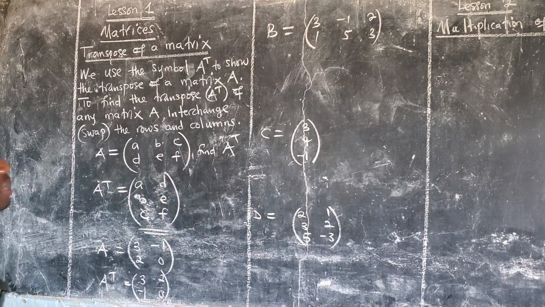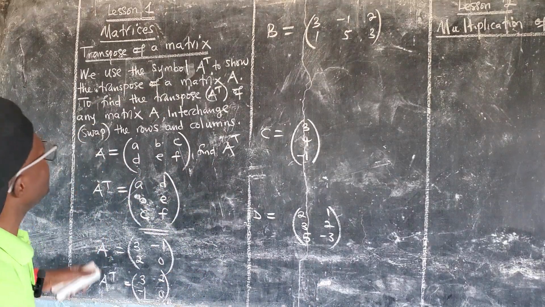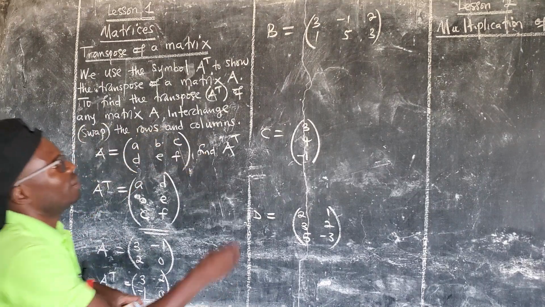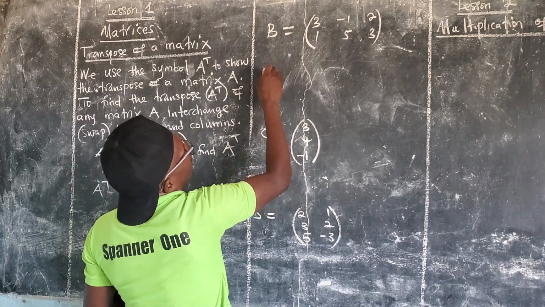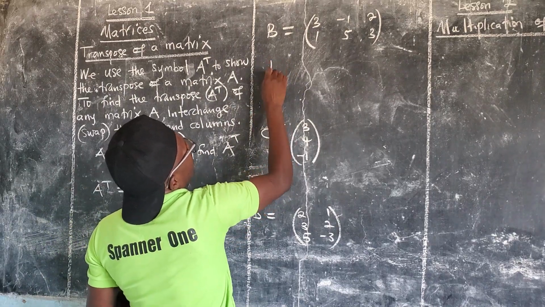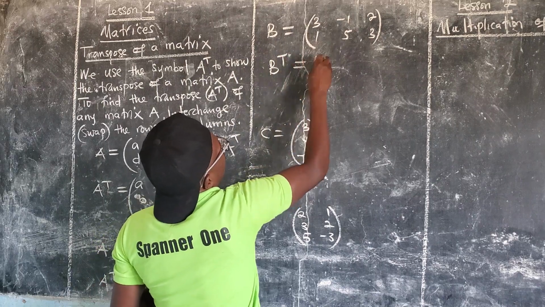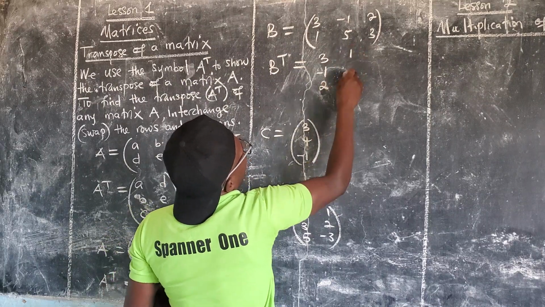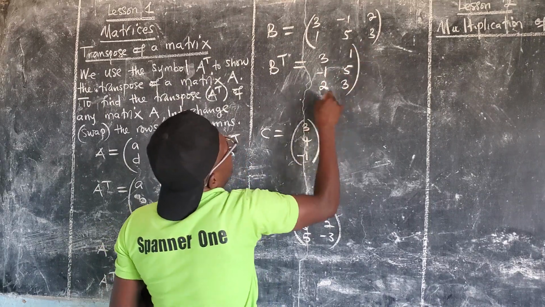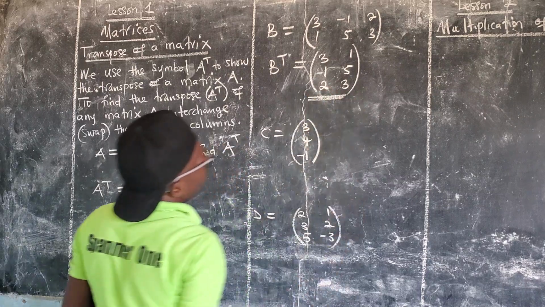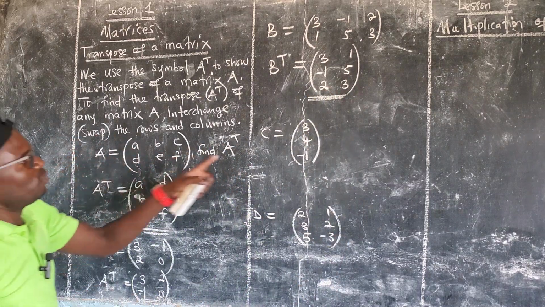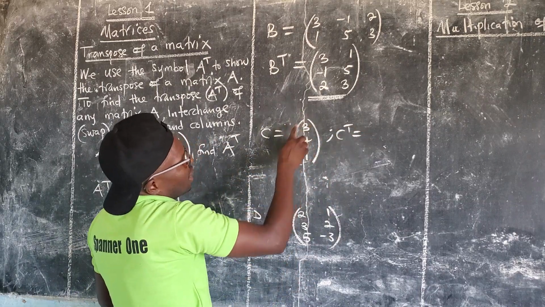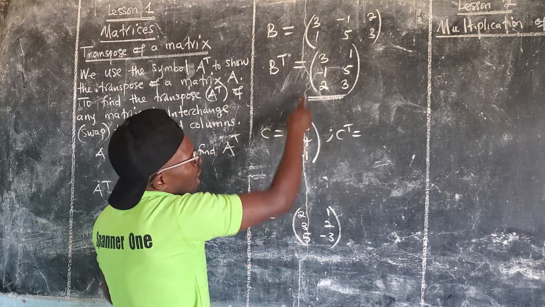When finding the transpose of B, what did we say? For the transpose of any matrix, you swap the rows and the columns. So B transpose is equal to 3, negative 1, 2, then 1, 5, 3, like that. This is our transpose. For C, how many rows do you have here? 1, 2, 3, and 1 column.